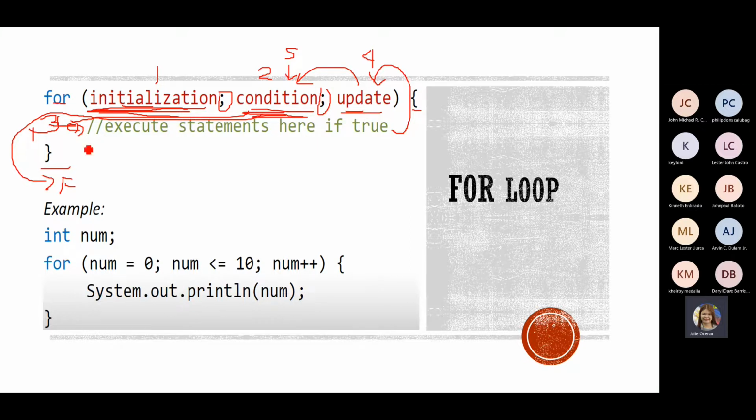Then it stops when false. So the looping happens only when our condition is true. Again, the looping goes from condition to program statement to update, condition, program statement, update, and so on, and stops when the condition is false. And that's the flow of the for loop.